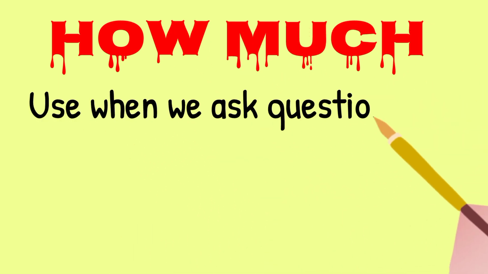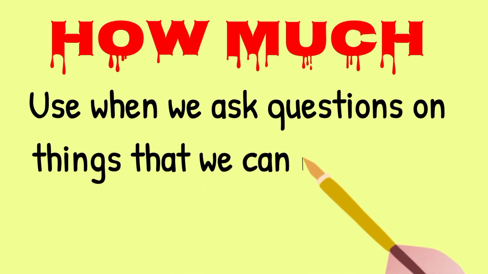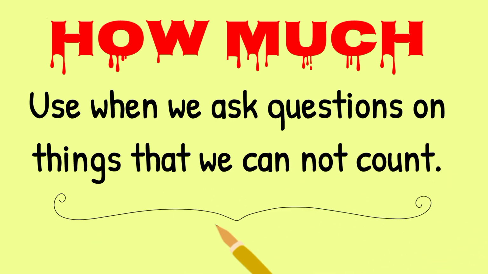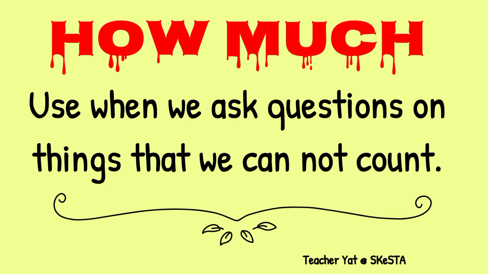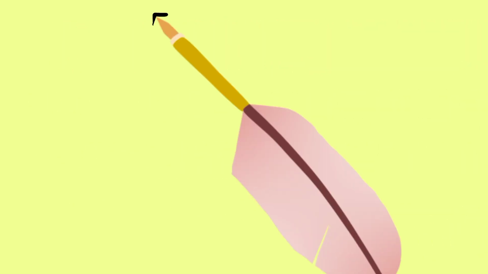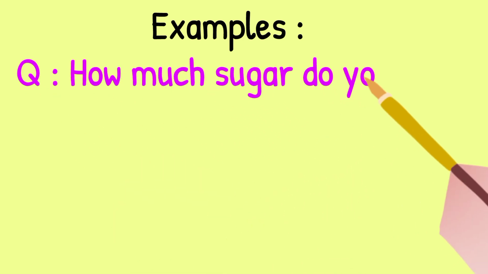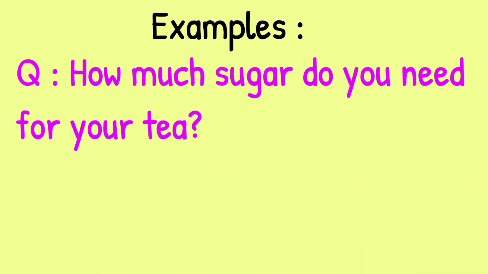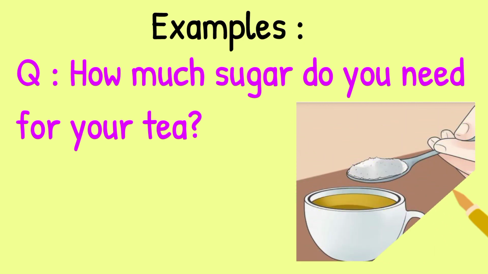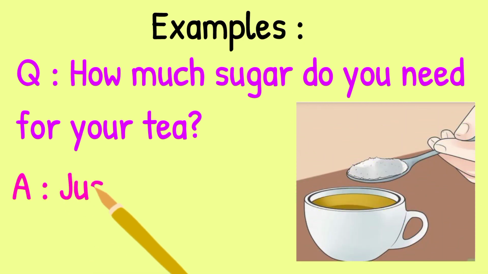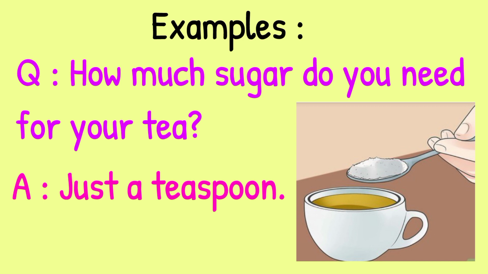Next is how much. We use how much when asking questions on things that we cannot count. For examples, how much sugar do you need for your tea? You can answer, just a teaspoon.